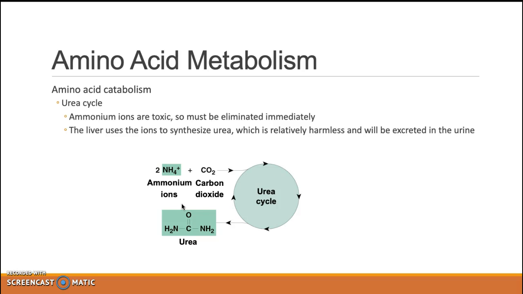In this case, when we are catabolizing or breaking down amino acids, the ammonium ion must be converted to urea. And so we do that through what's called the urea cycle, and this occurs in the liver. Now urea is then excreted in the urine, which kind of gives it its yellow color, and it's harmless when it's in the form of urea. So I hope this helps you understand the metabolism of amino acids.